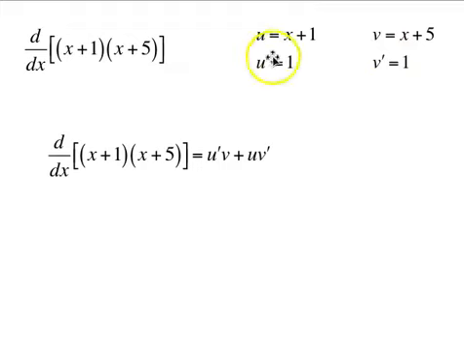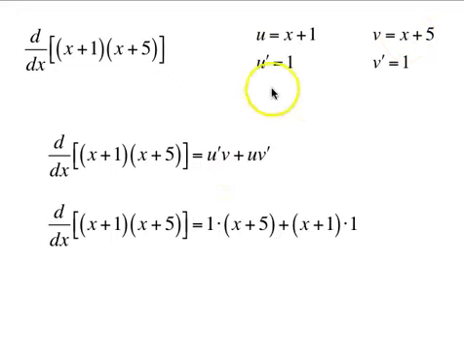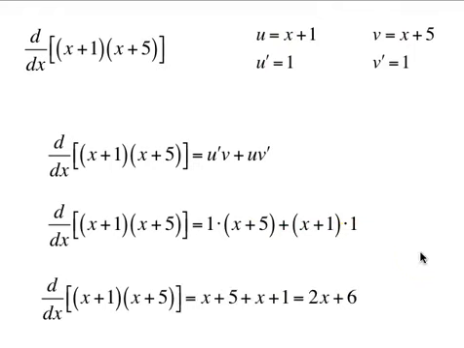U prime v, 1 times x plus 5, plus u, x plus 1, times v prime, 1. Now you'll notice what that becomes: just x plus 5 plus x plus 1, which is 2x plus 6. And that agrees with what we had before.